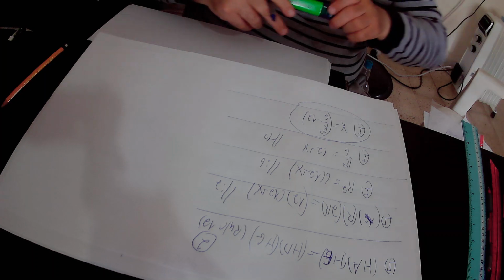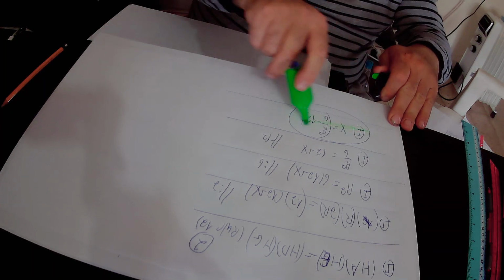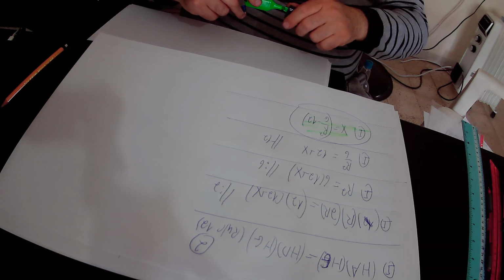Okay, according to equation 1, we found that X equals R squared over 6 minus 12.